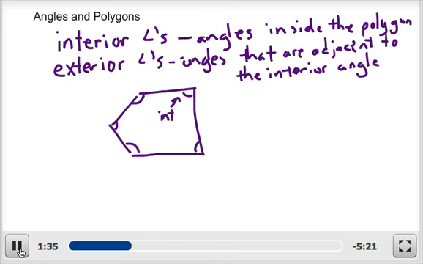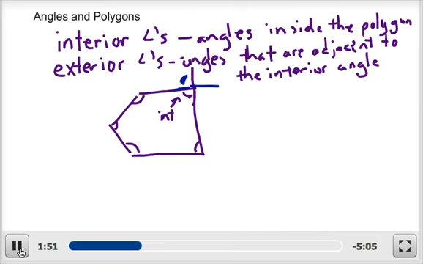So this interior angle has an exterior angle. If I continue this side of the figure out farther, then the angle that that side creates that shares a side with that other angle, that is an exterior angle.